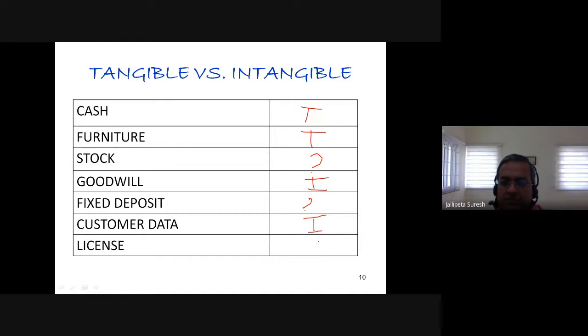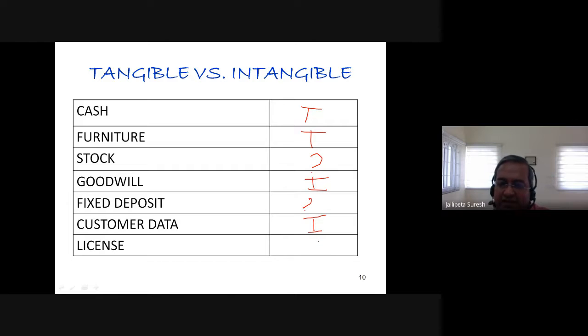In order to enable you to use my name or brand, I am going to charge you. If you are charging 100 rupees to a patient for diagnosis, you have to pay me 20 rupees. So 20 rupees is the royalty that the franchisee is going to pay to the franchisor. The agreement between the licensor and the licensee will be in the form of a license.